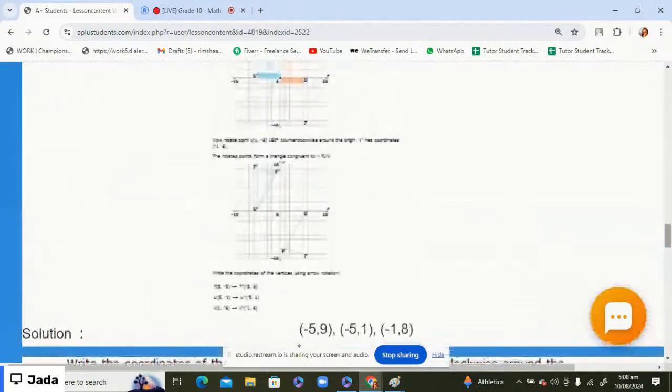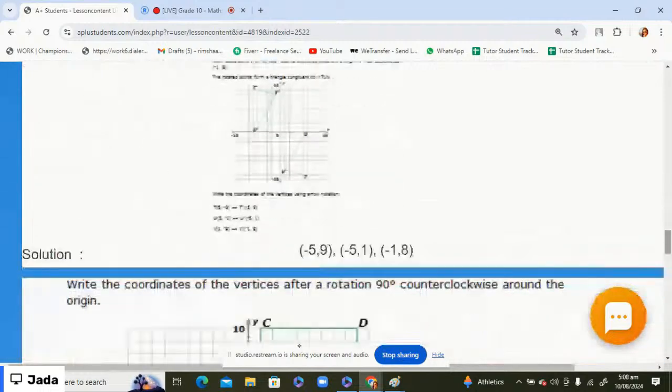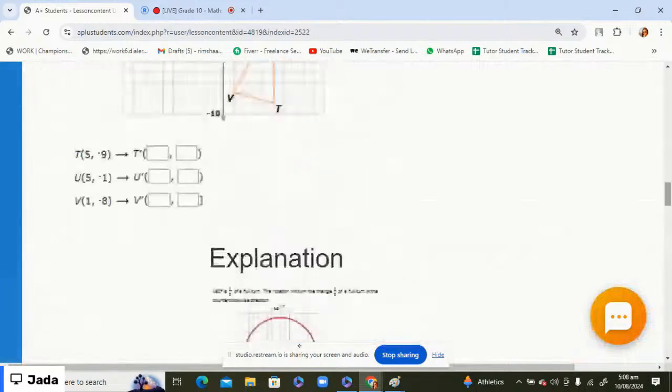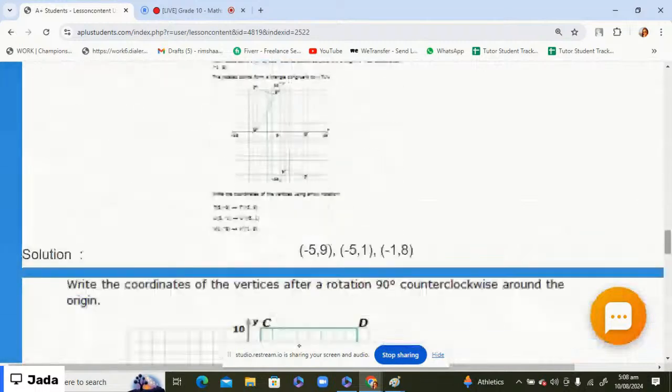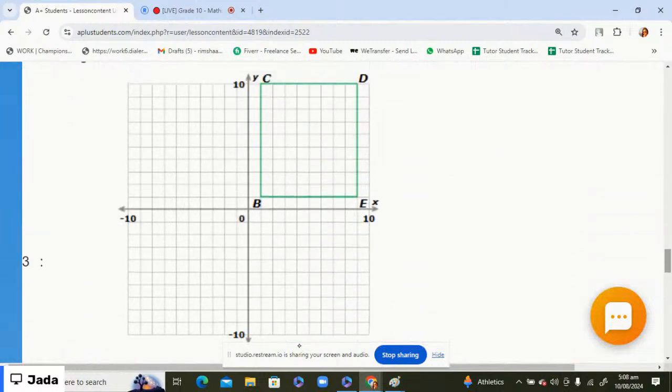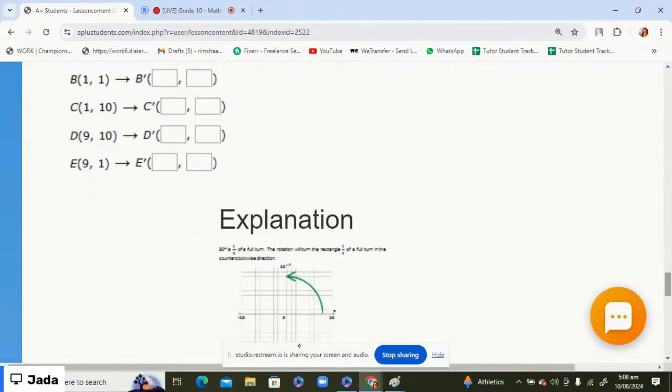These change into minus 5 and 9, minus 5 and 1, minus 1 and 8. Only the signs are changed if they are saying rotate 180-degree. Got it? Positive becomes negative and negative becomes positive.